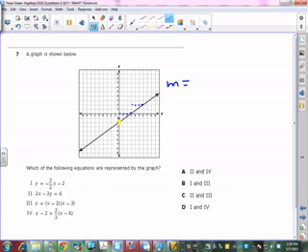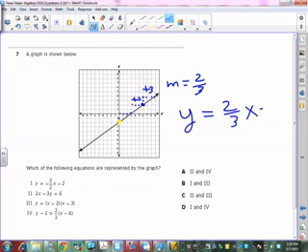You always start where you've got a corner, and you count your rise, which is positive 2, over run, and you go to where there's another corner. So your rate of change is positive 2/3. So that line is y equals positive 2/3 x minus 2. That's the equation of that line. So is number 1 an equation for that line?